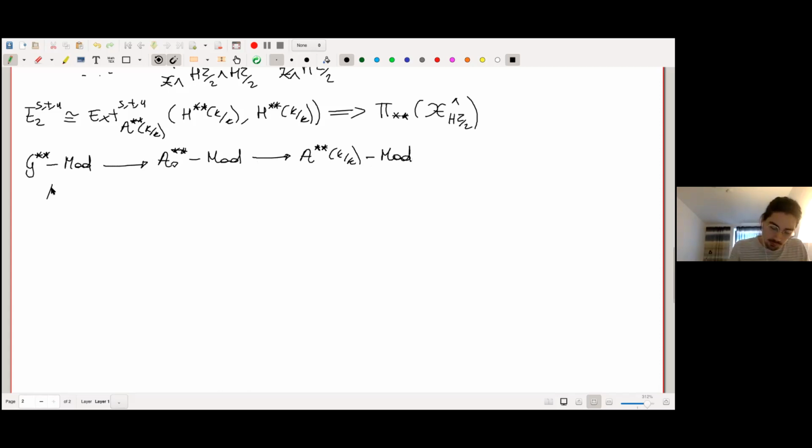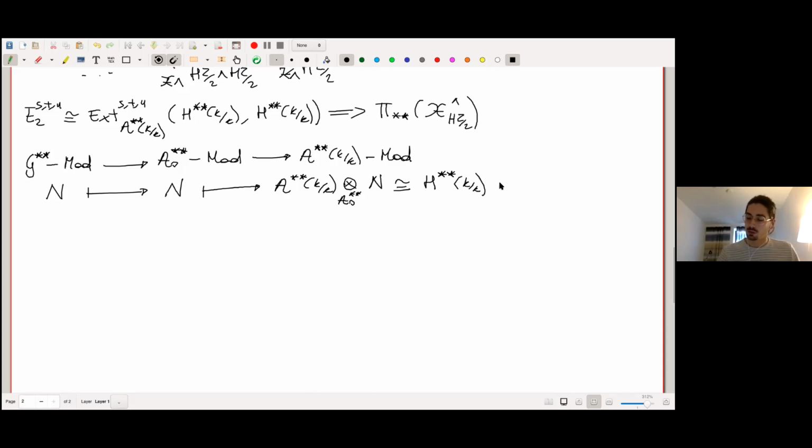If we take a G module here, since G is the quotient of A0 modulo the ideal generated by Milnor operations, we can consider just this tautological functor, and then we can go further by tensoring with A K over K over A0. And this is isomorphic, as a module over the isotropic Motivic homology of the point, with this.